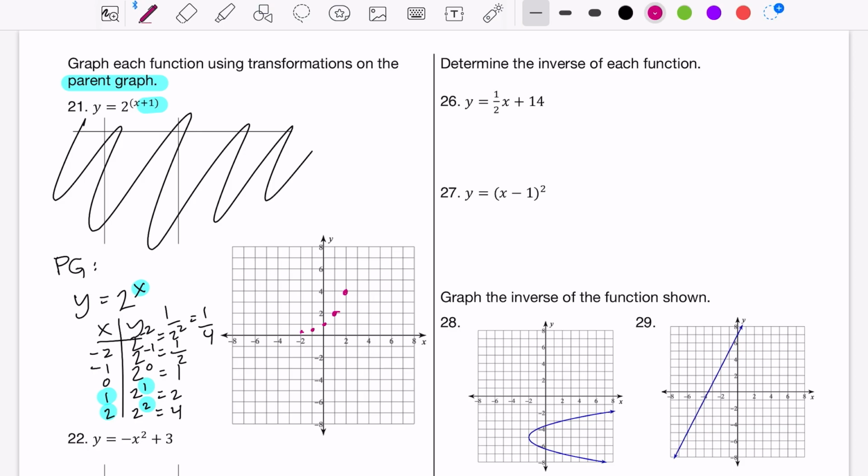And then I just need to recognize that that right there means I'm going to move all of my parent points left 1 because the plus 1 is in with the x and the y doesn't lie, but your x does. So it's the opposite of what you would think. So plus 1 you would think would mean right 1, but it actually means left 1. So we're going to move all these points left 1. And then because it's an exponential function family, it's going to go up like that.